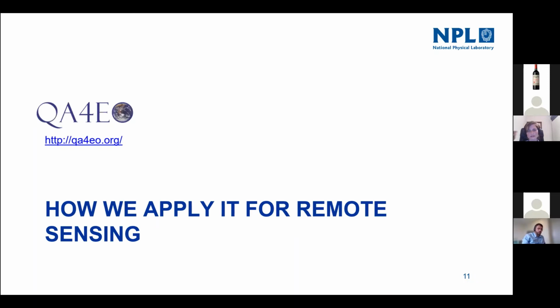And now, how can these principles be applied to remote sensing? I think that several years ago, the initiative called Quality Assurance for Earth Observation was established, and they basically started to apply metrological aspects to Earth observation.